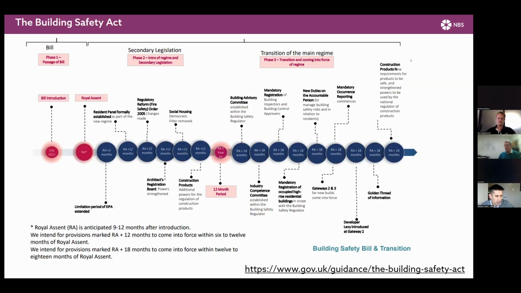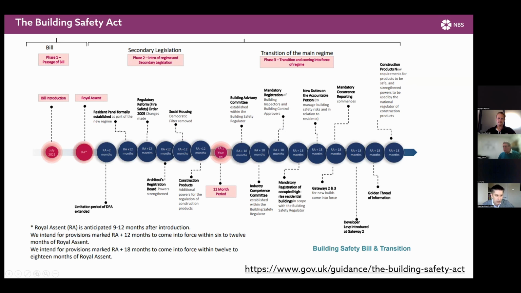I was actually on the government website this morning, just looking at the guidance around the Building Safety Act, and as it went from the bill to the act and got the royal assent, quite a lot of what's been published has been redacted now because the guidance will be enhanced and improved. But this is a live schedule of where we are.